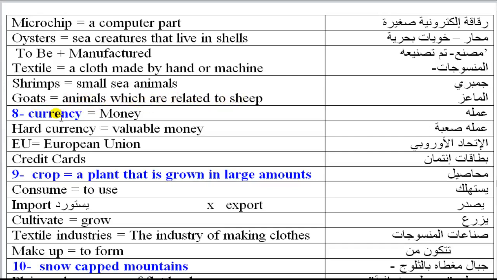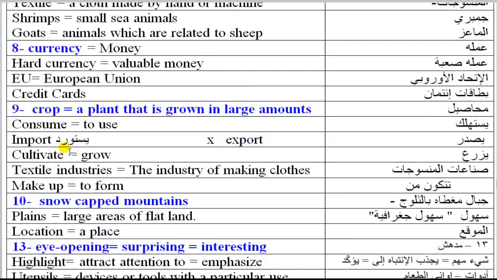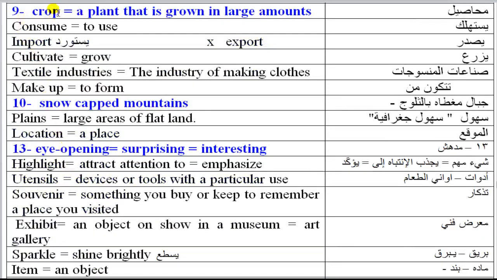8. Currency, money. Hard currency, valuable money. EU, European Union. Credit cards. 9. A crop, a plant that's grown in large amounts. Consume, to use.